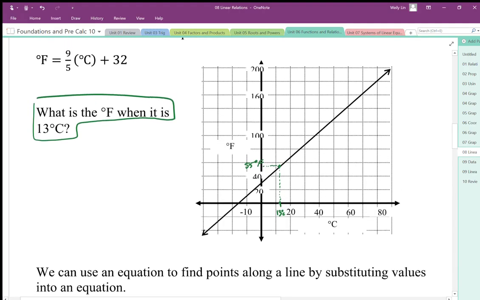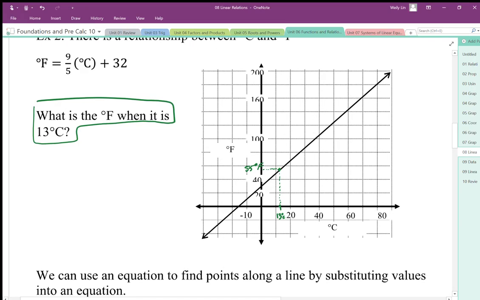So we can use this graph to figure this out. We could also use the function. So I can say the degrees Fahrenheit is equal to, and notice that this was just an estimate using the graph. But I can actually use the equation to calculate this value.